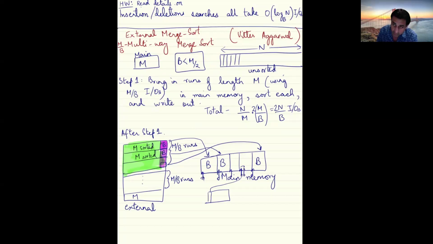Every time you write down the smallest element the fingers point to as the next element in your block. Once the block is full, you write it out to disk. Once one of these pointers reaches the end of its block, what do you do? You go and bring in the next block from that sorted chunk of size M.